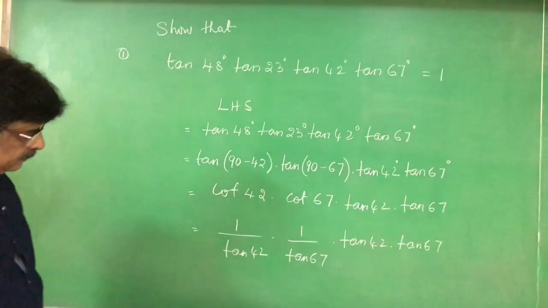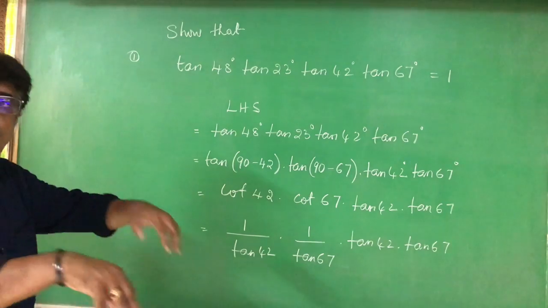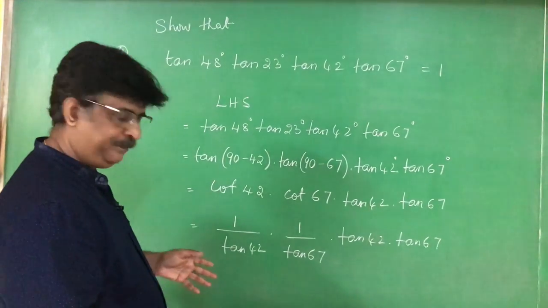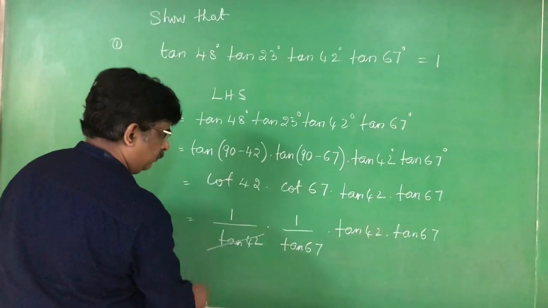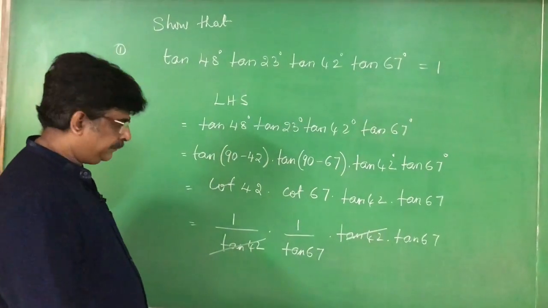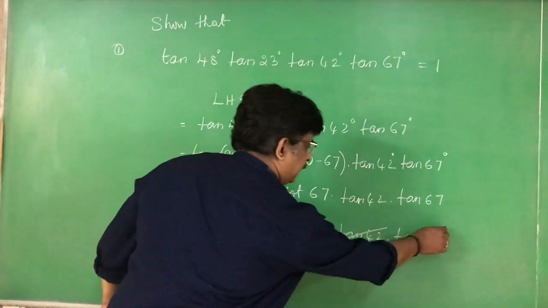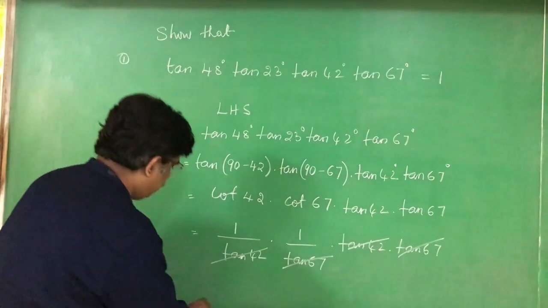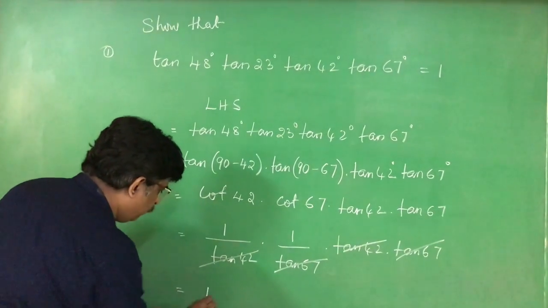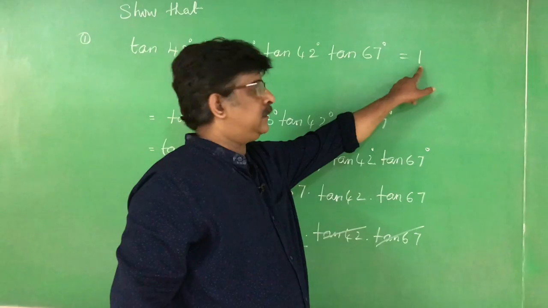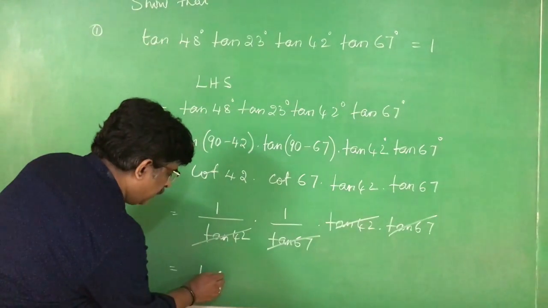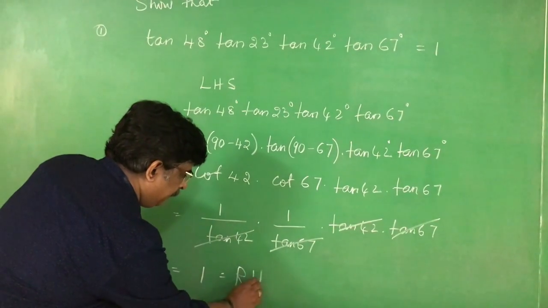Now next, tell me what we have to do to get 1. Tan 42 cancels. Tan 67 cancels. We get 1. 1 is the RHS. Therefore, our problem is over.